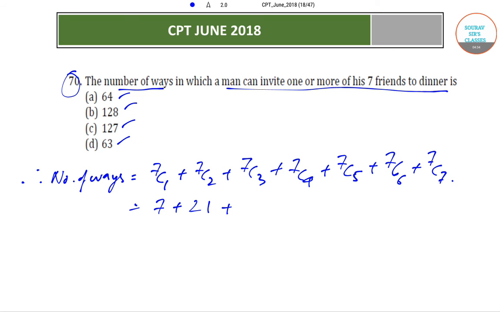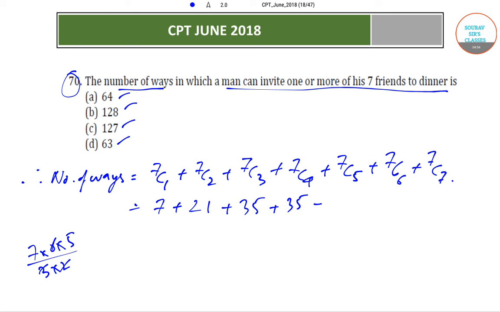7C3 will be equal to 7 into 6 into 5 divided by 3 into 2, so it will be 35. Now 7C3 and 7C4 are equal, as I already mentioned.